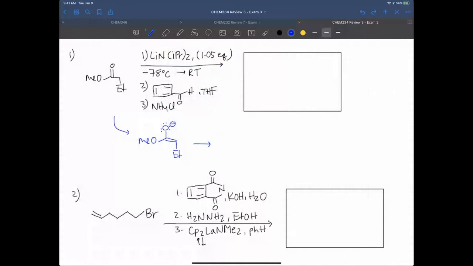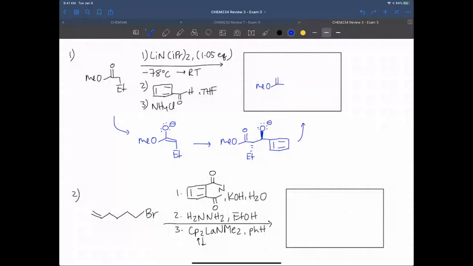Let's see. Well, I'll talk about why we have this stereochemistry later, but then the last step is to just make it into an alcohol, right?